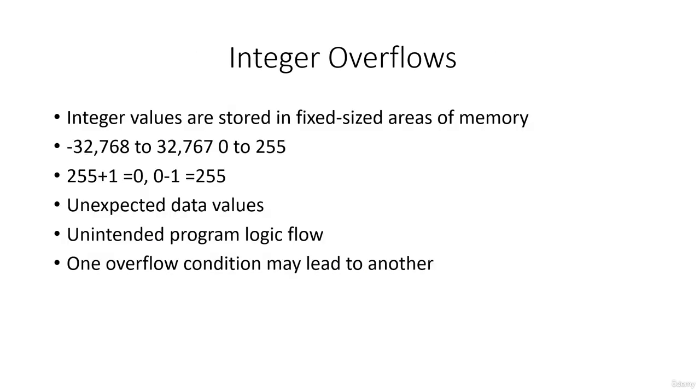One type of overflow can lead to another: an integer overflow condition can result in the miscalculation of a buffer size, or a buffer overflow condition can unexpectedly change the value of an integer variable.